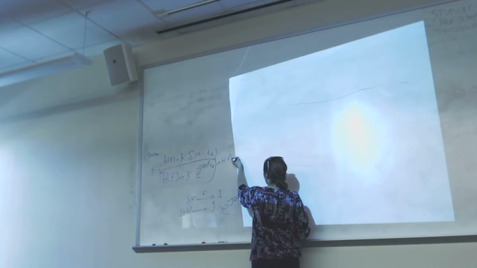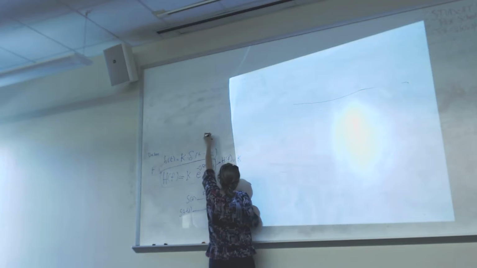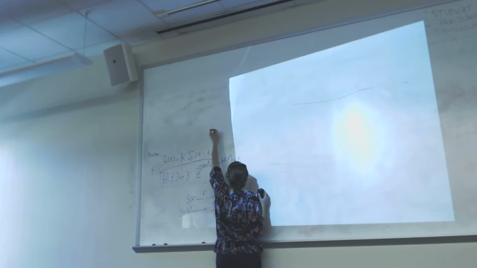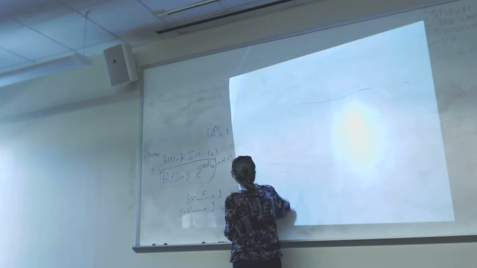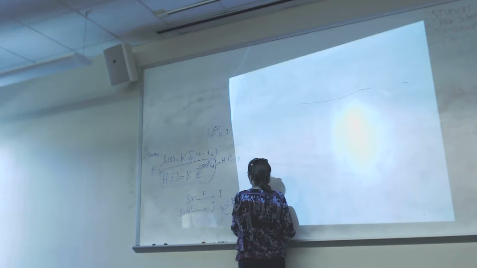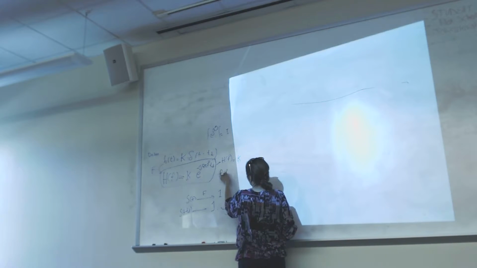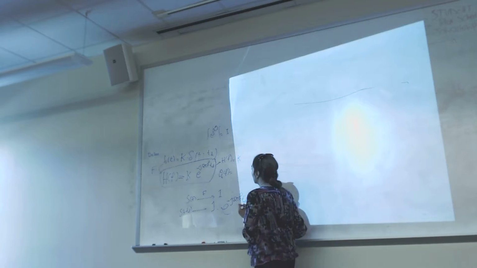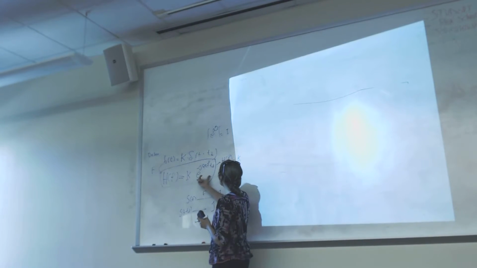So basically k times the magnitude of e to the j something, which is 1. So the magnitude is k. And what's the phase? The phase of k is 0. What's the phase of the exponential?